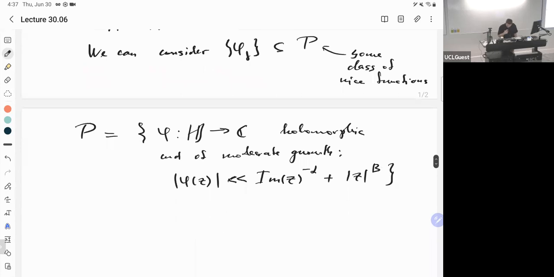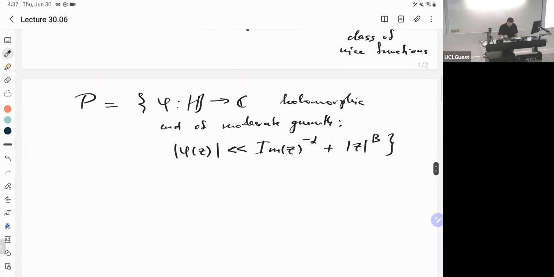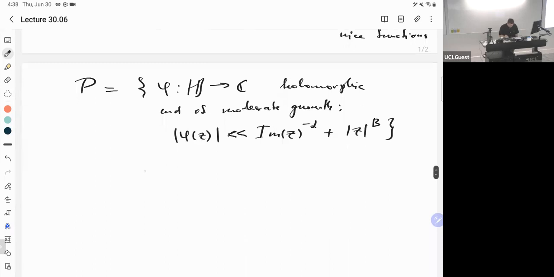This may look like a somewhat arbitrary restriction, but for people doing functional analysis with spaces of analytic functions, there's maybe a cleaner way to rewrite this condition.